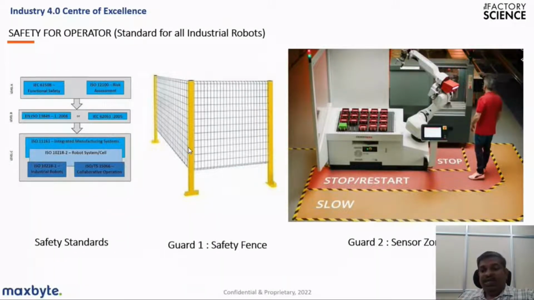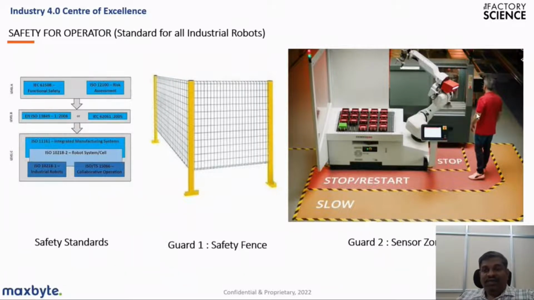And the second one will be a guarded sensor, where we have two zones. This will typically be a place where we need some kind of interference from the operator.